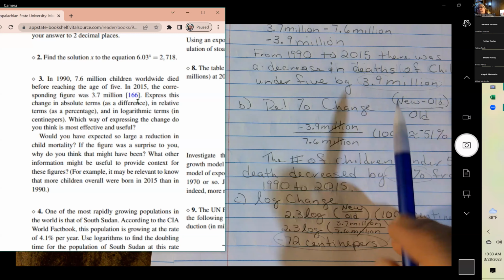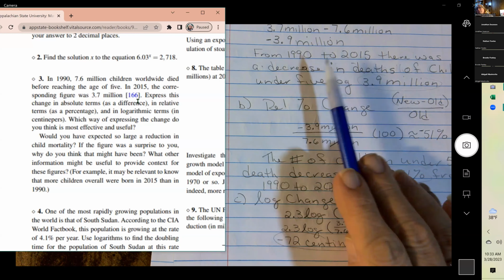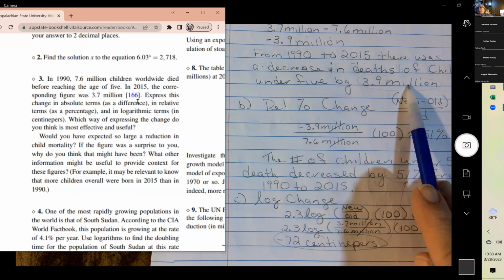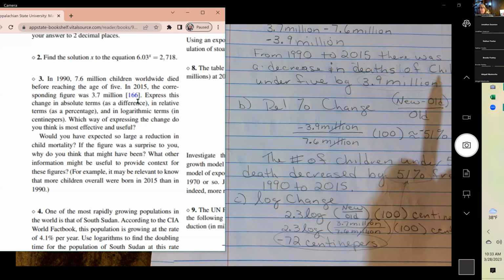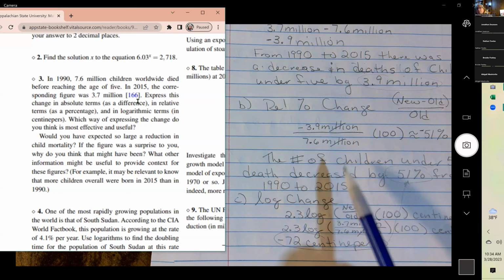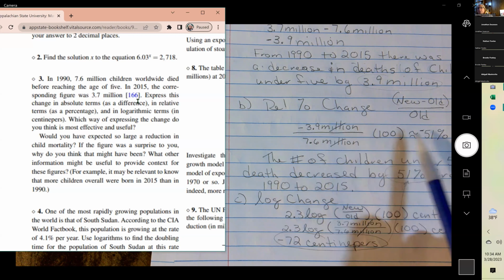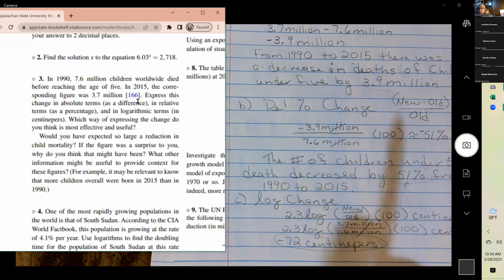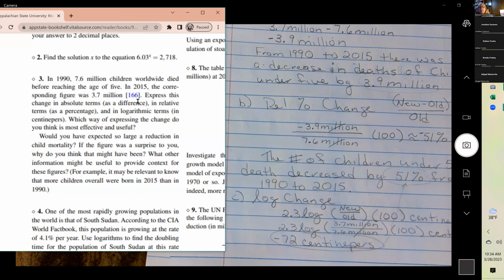My main concern is that when you do absolute change, the units stay the same, million children under the age of 5. When you do relative percent change, your answer is a percent. And when you do the log, your answer is in centimeters, which is similar to a percent, but it's in metric or log form.